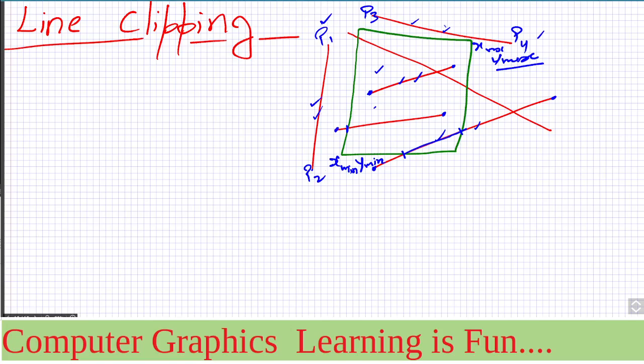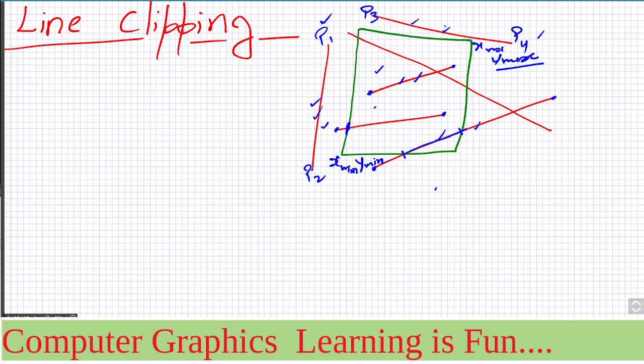If this point is on this left hand side, so it will cross the y axis. I will tell you how to find it out, its crossing with y axis, but for now you have to understand that where it is crossing, you have to find this position.